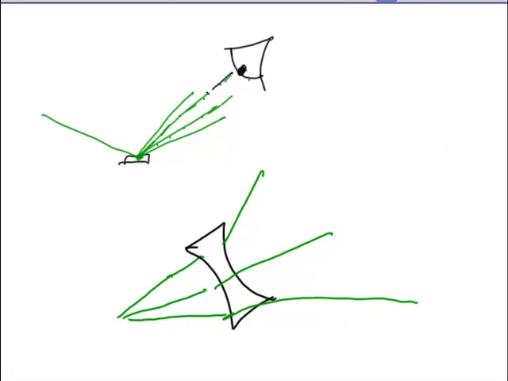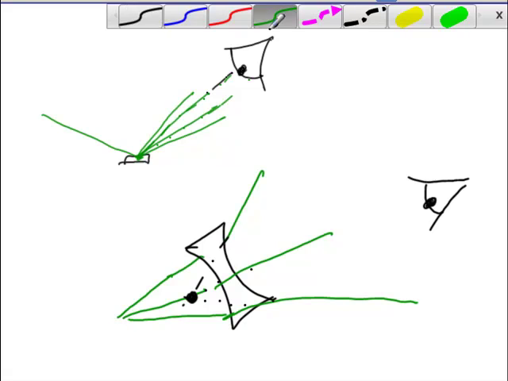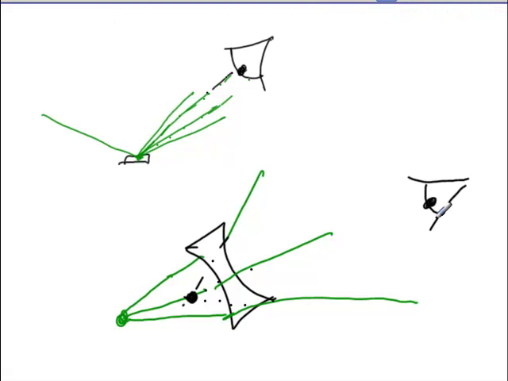And now, if your eye is over here, it follows these diverging lines backwards to where they all cross, and thinks the particle was here, not where it really is, back here. So your eye, all it does is follow the diverging rays back to where they started. And wherever those diverging rays would have crossed, that's where your eye assumes the object is. That place where all the diverging lines cross, that's called the image position.